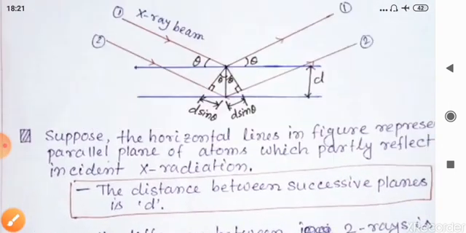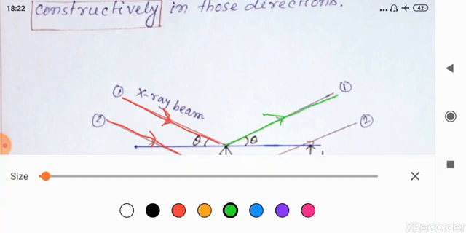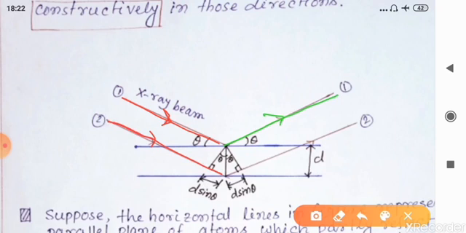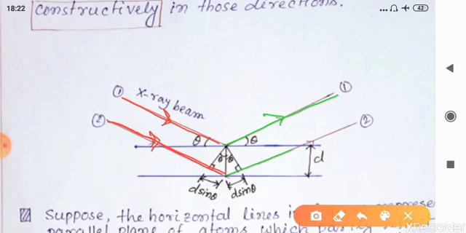What does this mean? Say this is ray 1 and this is ray 2. Suppose ray 1 is incident along this direction and reflected along this direction, but ray 2 is incident in this direction and reflected from the second plane, and moves along this direction.